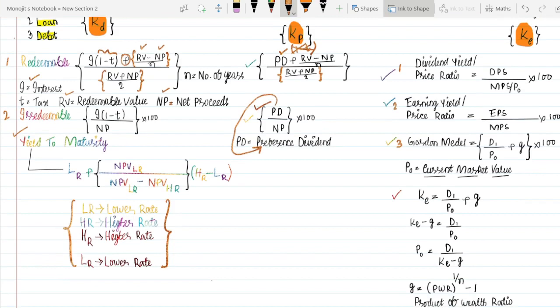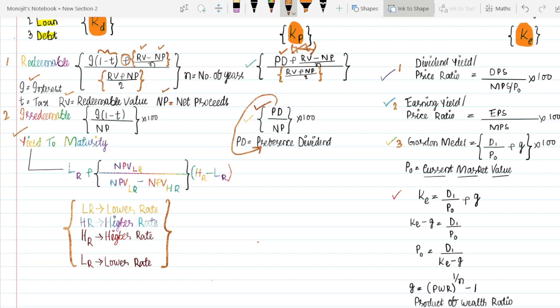So for that, LR plus NPV at lower rate, and in the denominator we need to write NPV at lower rate minus NPV at higher rate.